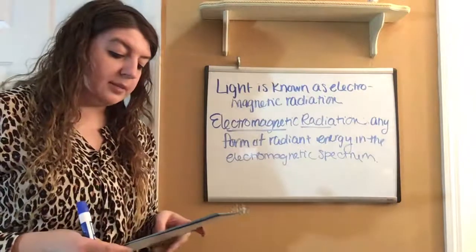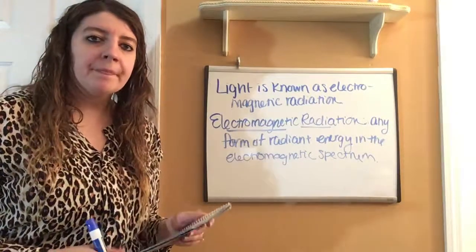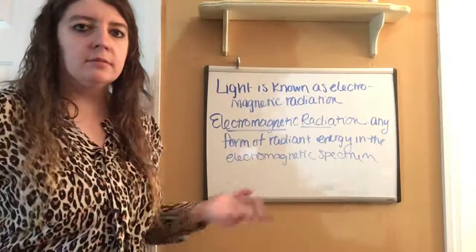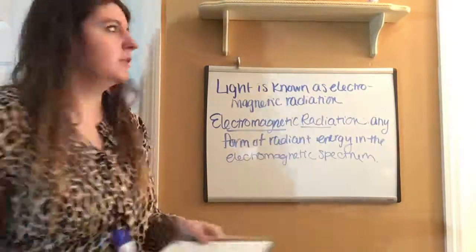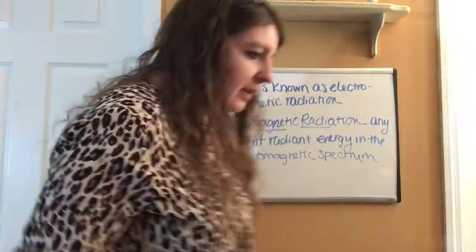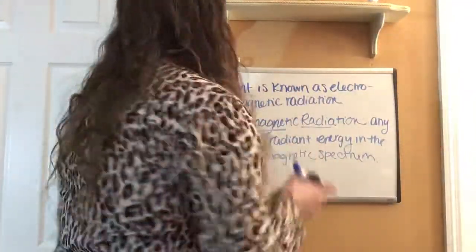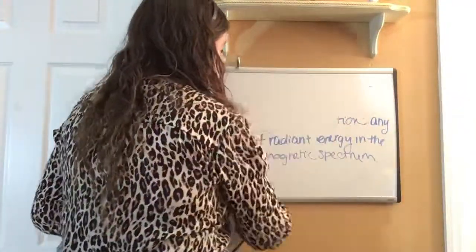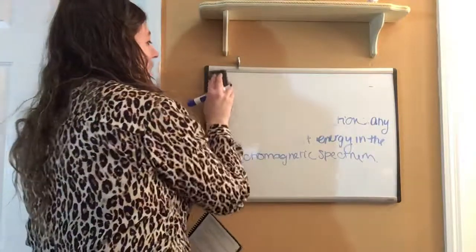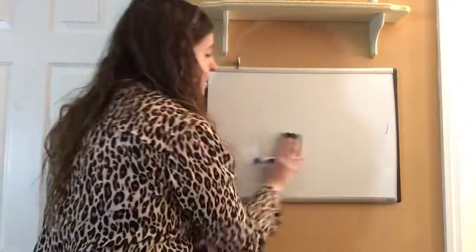So what is the electromagnetic spectrum, right? I said that word, right? Well, there's a possibility that you do know what that is. The visible lighting spectrum is included in that, but there's also some other spectrums as well.